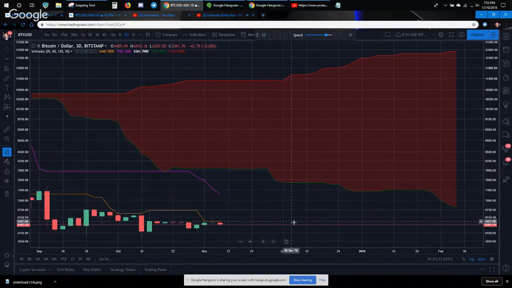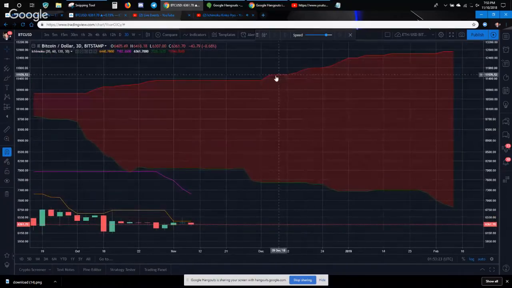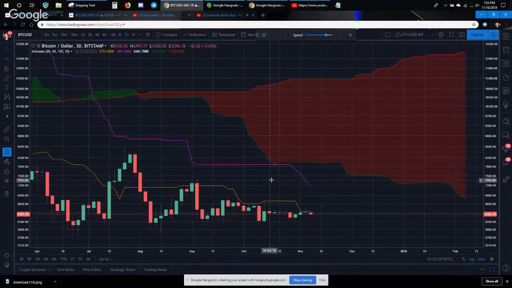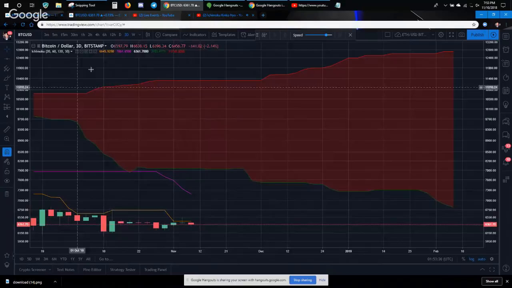Eventually, this baseline will come down and have an equilibrium with the price and the conversion line, which more tracks the actual price a little bit closer. Now, again, Senkou Span B is the average of these two, the midpoint. So at some point, this would begin to come down also. But the reason for this dropping, which can create a bullish scenario of the conversion line crossing the baseline, is because of the chop action.